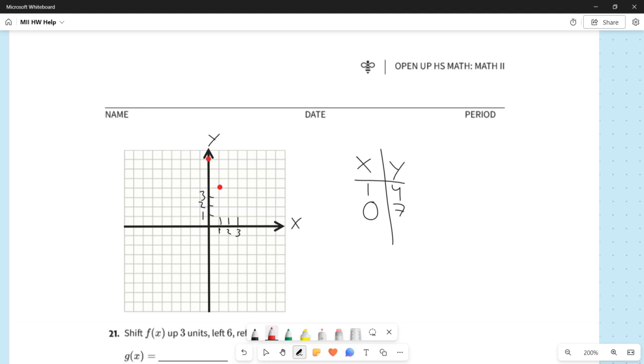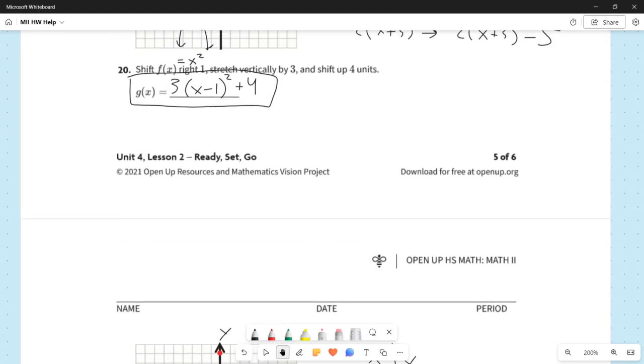Because a parabola has this symmetry that we've seen before, that means that at 2, we're also going to get 7. So we know that that's part of our graph. And if you didn't know that, just plug it in. 2 minus 1 is 1, 1 squared is 1, 3 times 1 is 3, and 3 plus 4 is 7.